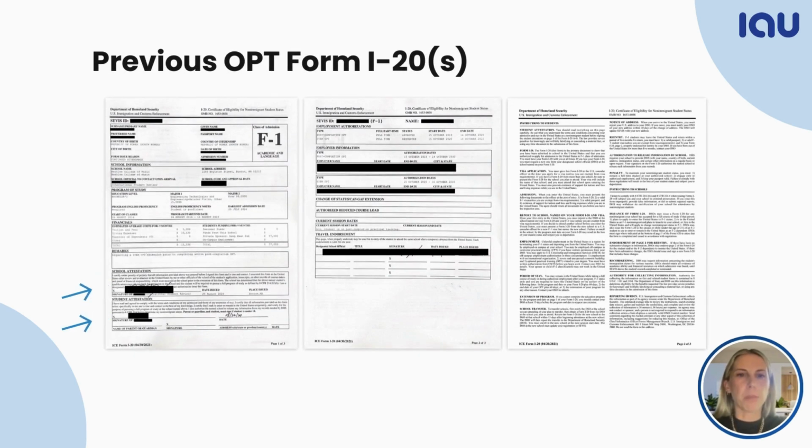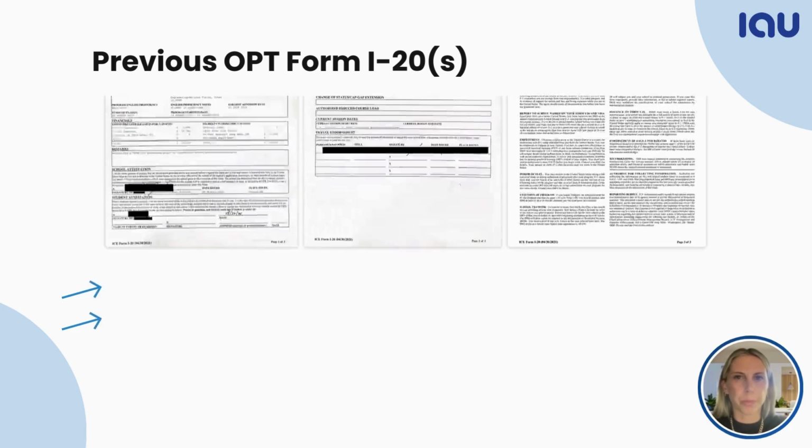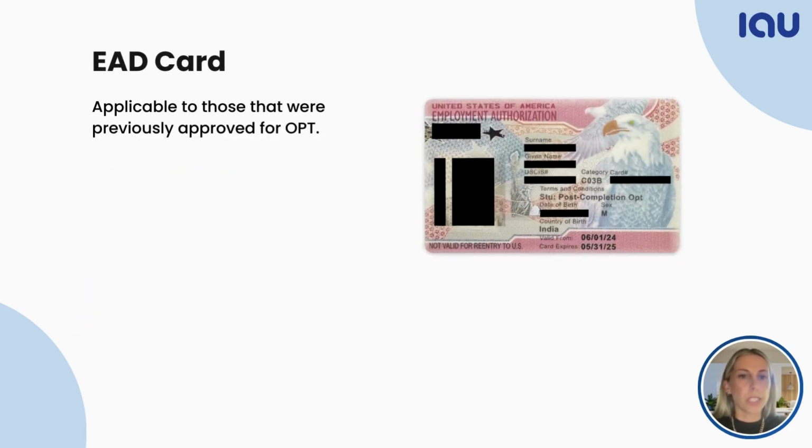If you have previously completed OPT, you would have an OPT form I-20. Again, a signature from a DSO and your own signature and date, and post-completion OPT on page 2. You would also need to upload your EAD card from your previous OPT.